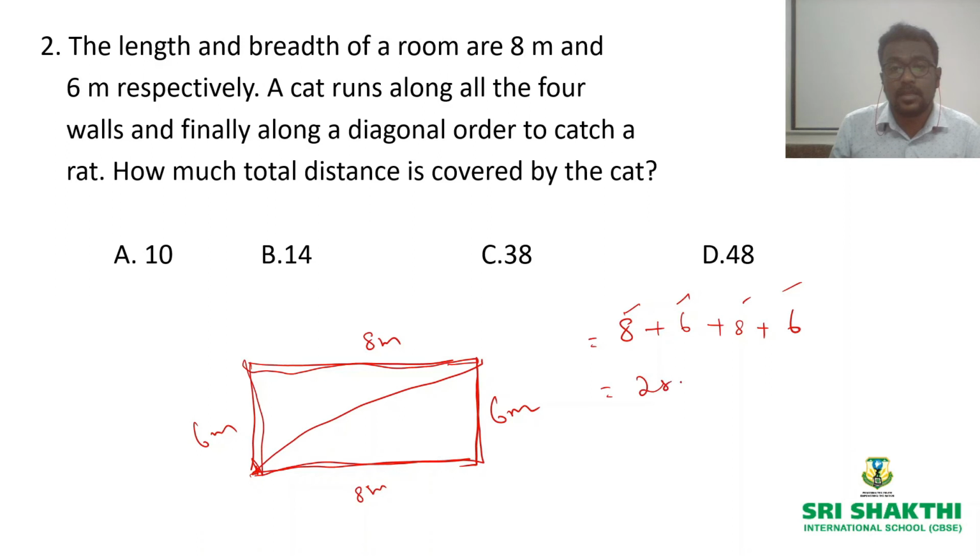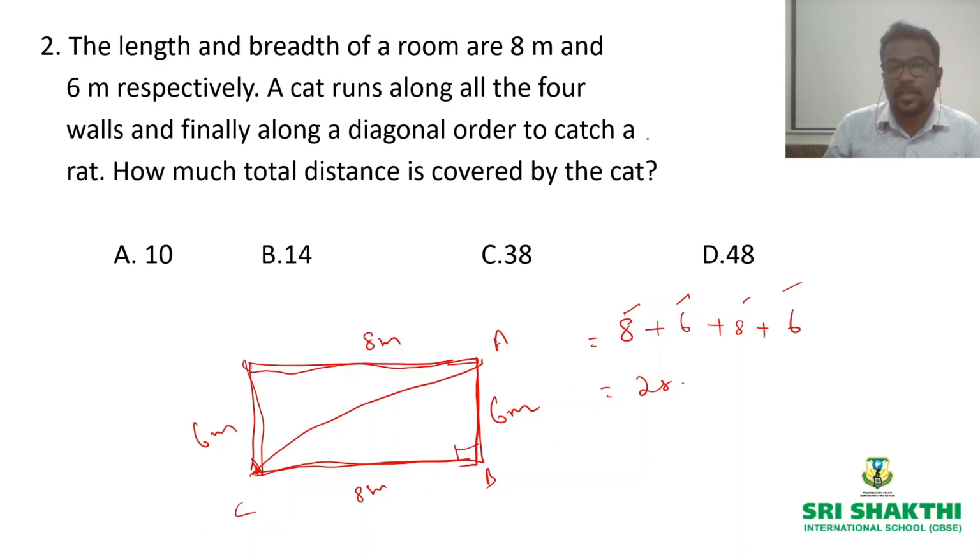But they have given a twist that this cat concludes its chase by finishing the diagonal path. And to find this diagonal path, we have already been given the values of the length and breadth of the walls. So we'll follow the same Pythagoras theorem to find the diagonal length.